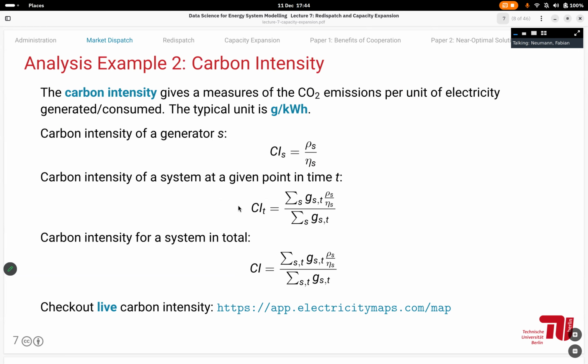This carbon intensity is typically given in units of grams per kilowatt hour or tons per megawatt hour, and can be aggregated on various different levels, starting from the generator level, where you would just take the specific emissions of the unit divided by its efficiency, so that you get how many tons of CO2 a unit of electricity emits. And then you can aggregate that over the system at a given point in time, or as an average over the whole system, the whole time period and all the spatial regions in total.